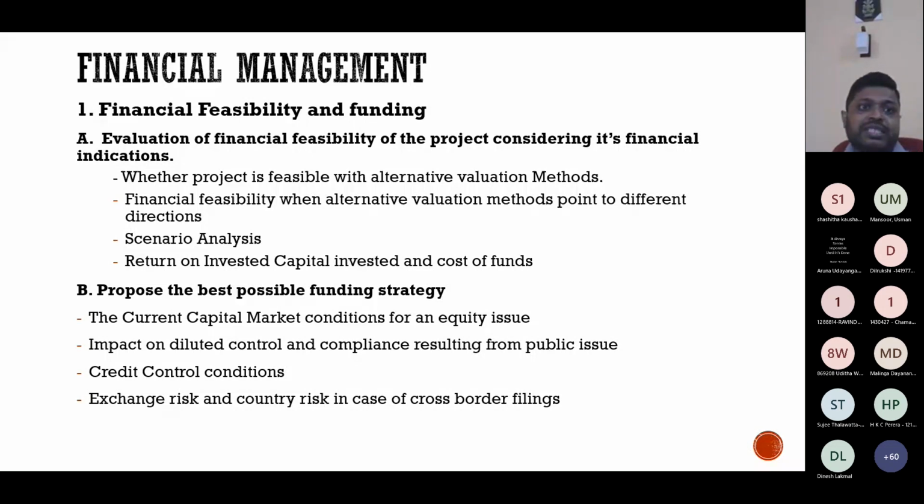In the first step, financial feasibility and funding, let me explain the syllabus structure. Sometimes, like last time also, they provide a situation and you have to evaluate the position or options.